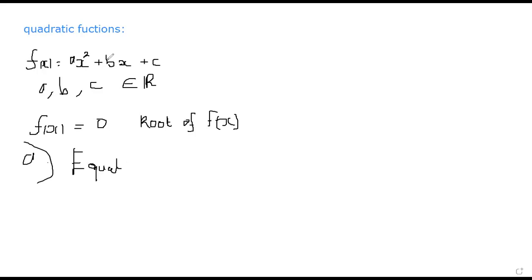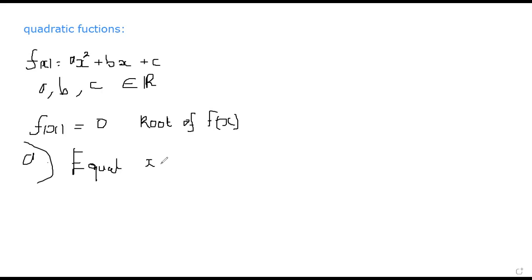Since the highest power of x is 2, whatever we do when we solve, we'll get 2 solutions for x, x1 and x2, which are the values of x at which f of x is equal to 0. So when we say equal roots, it means those roots are equal.